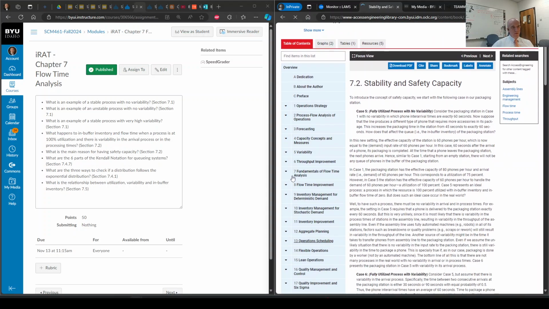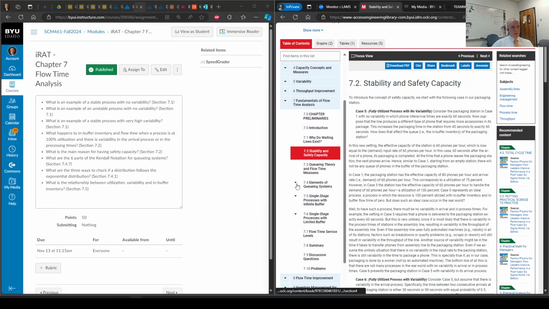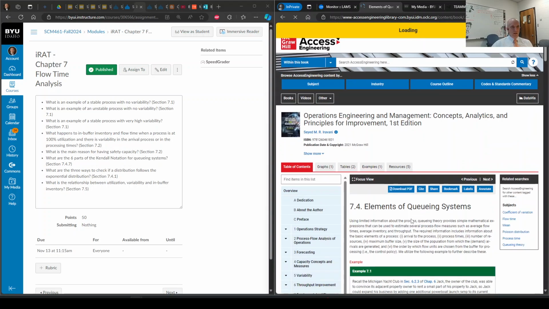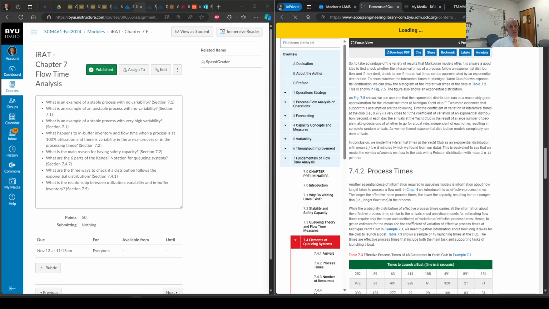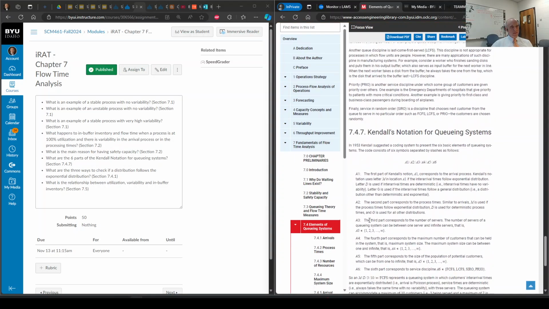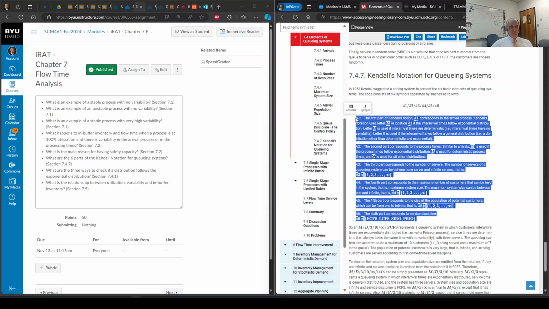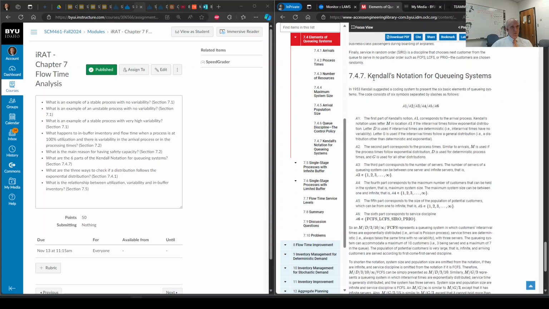If we go to 7.4.7, let me bring that up here. This is the notation. Section 7.4 goes through all of the elements individually, and then 7.4.7 puts them all together into this notation. So there are 6 parts to this. What are these 6 parts? That's what that question is dealing with, and that's in 7.4.7.